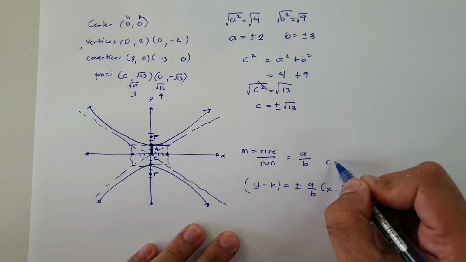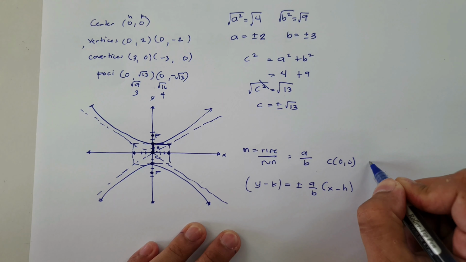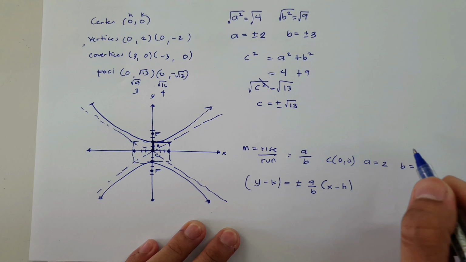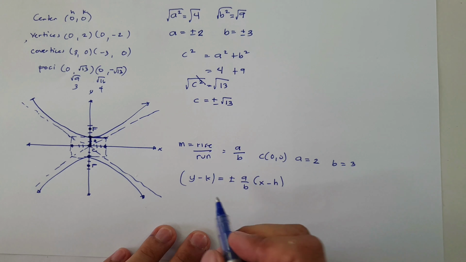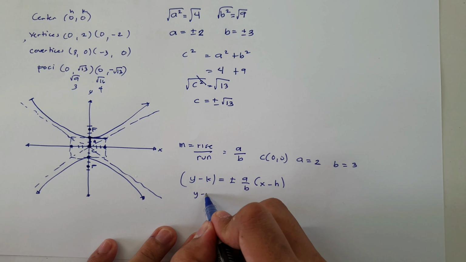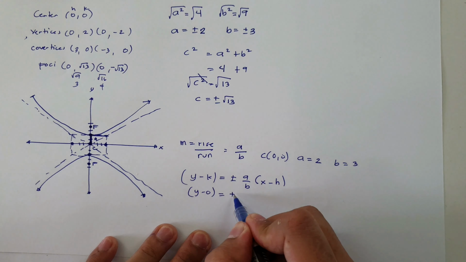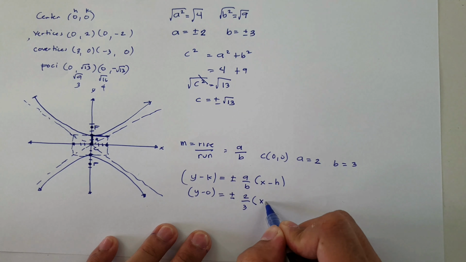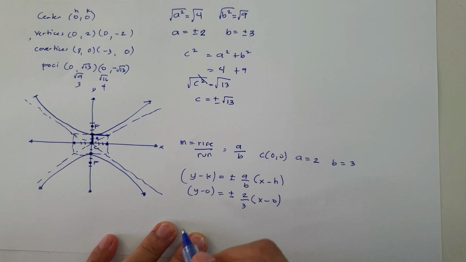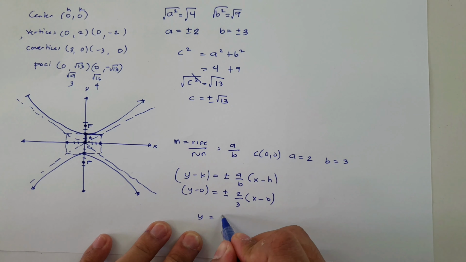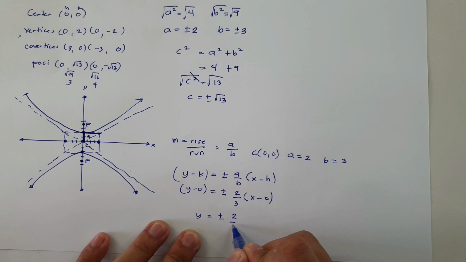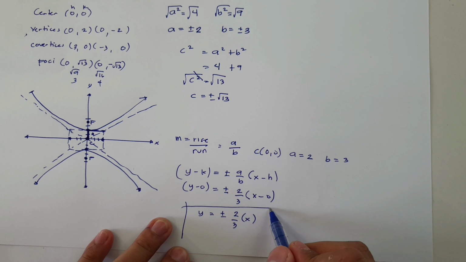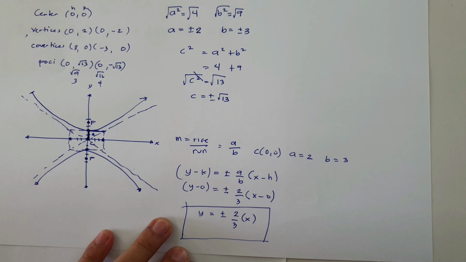The center is 0, 0, the value of a is 2, and the value of b is 3. Let us substitute: y minus 0 equals positive negative 2 over 3 times x minus 0. To simplify our equation, we have y equals positive negative 2 over 3 times x. So this will be the equation of our asymptote.